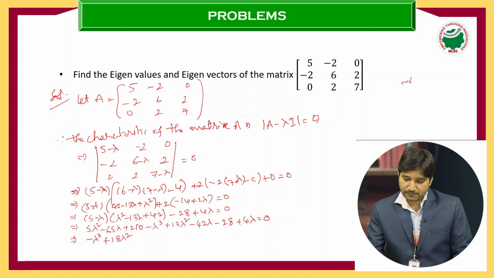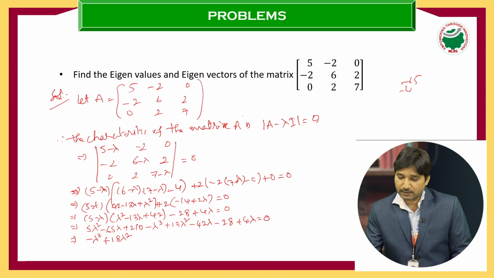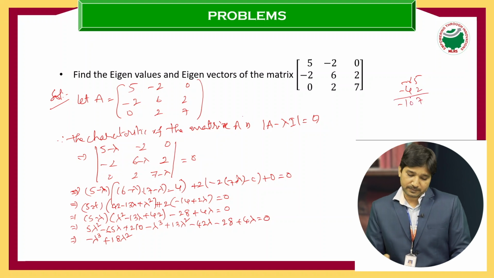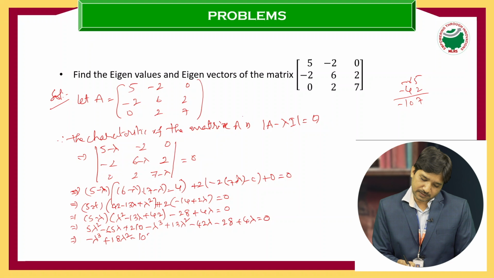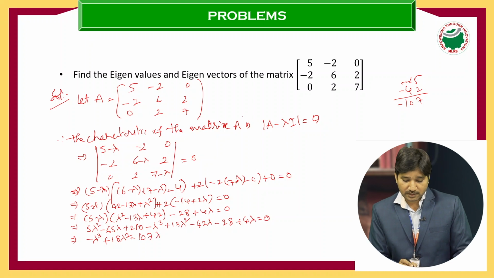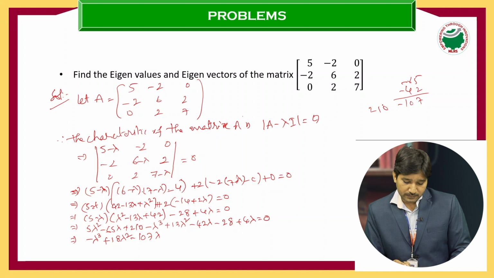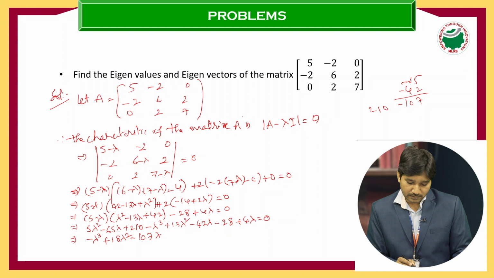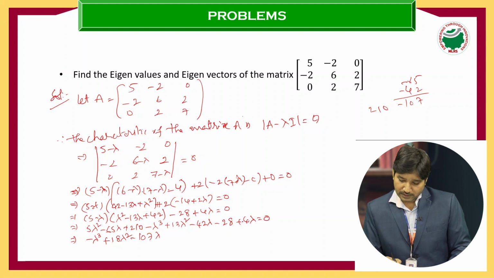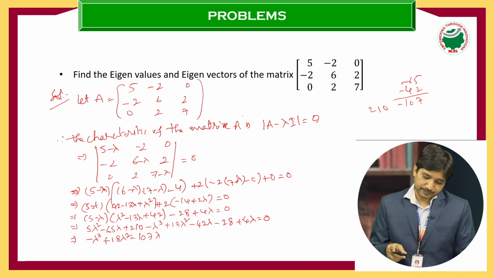Minus 65 minus 42 is minus 107, so minus 107 lambda plus 4 lambda, that is minus 103 lambda.